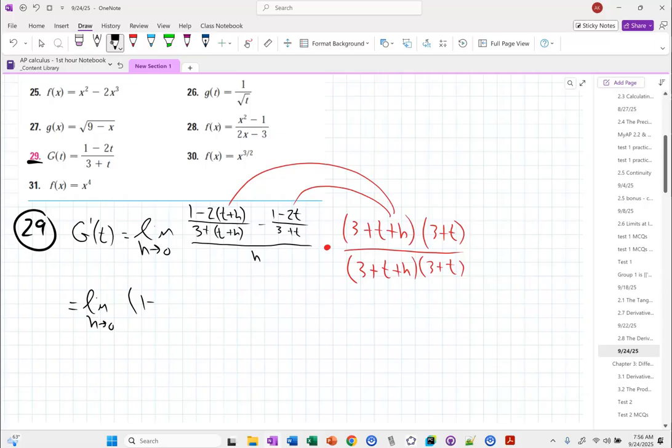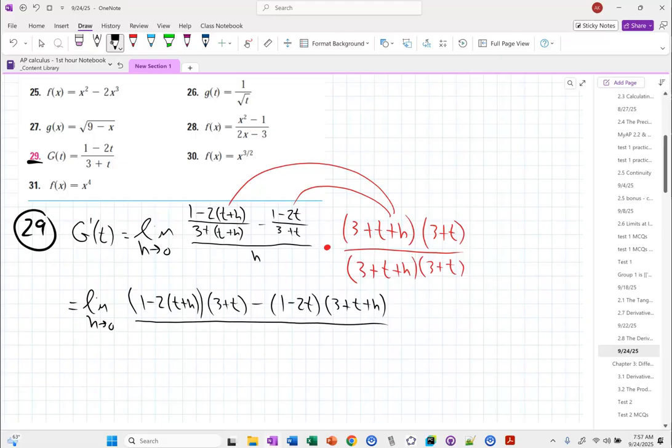And I'm going to be left with 1 minus 2 times (t plus h) times (3 plus t). So far, so good. And when I multiply to the little fraction, the 3 plus t's are going to cancel. So I'm going to have (1 minus 2t) times (3 plus t plus h).